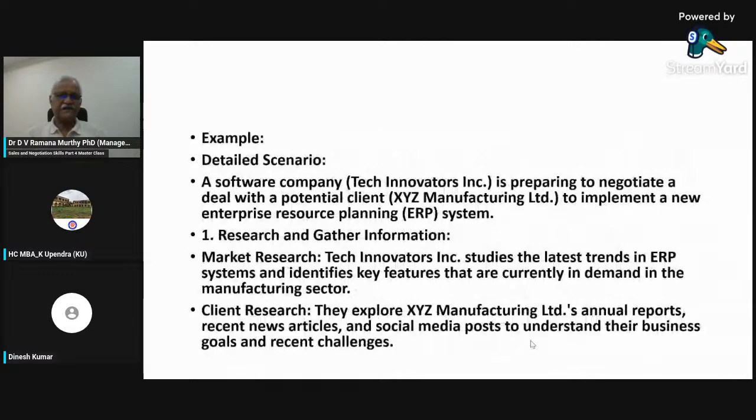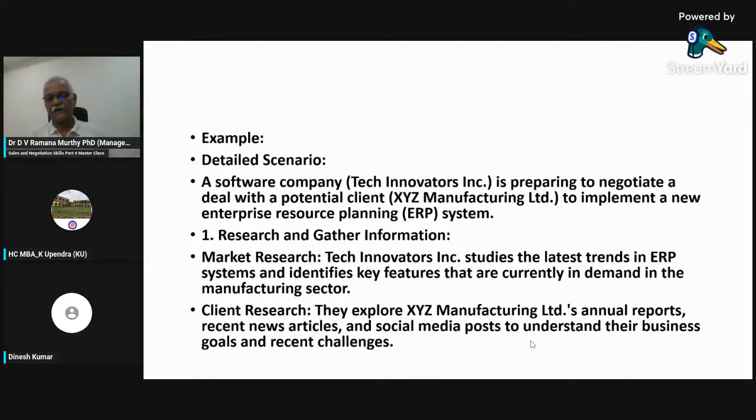Given these 3 points in the pre-approach of negotiation phase, let us examine an example. Say, for example, a software company, Tech Innovators Incorporated, is preparing to negotiate. Your sales organization, Tech Innovators Incorporated, is preparing to negotiate a deal with a potential client named XYZ Manufacturing Limited.